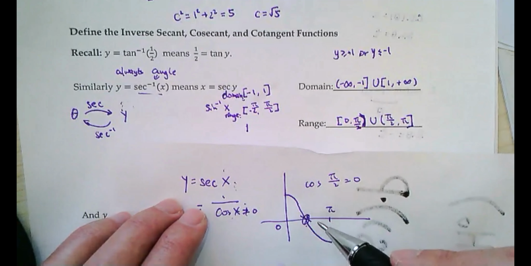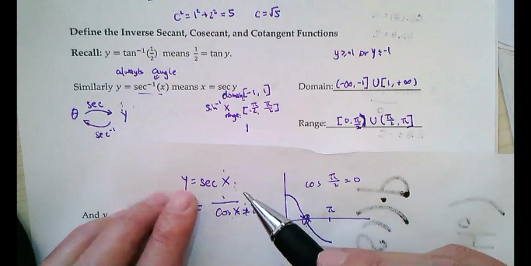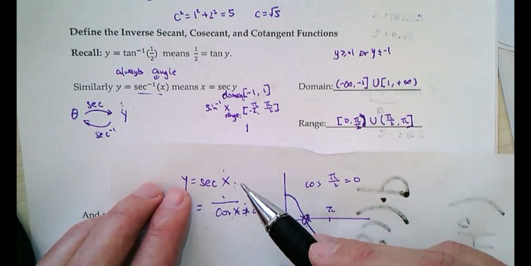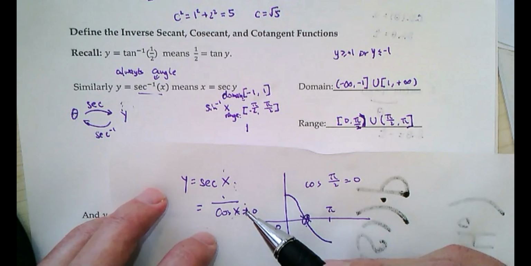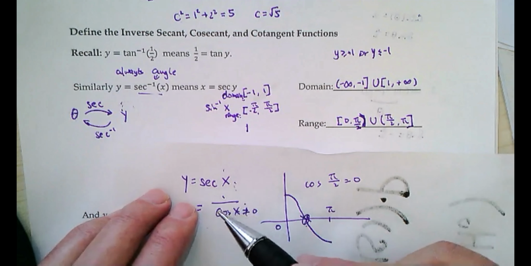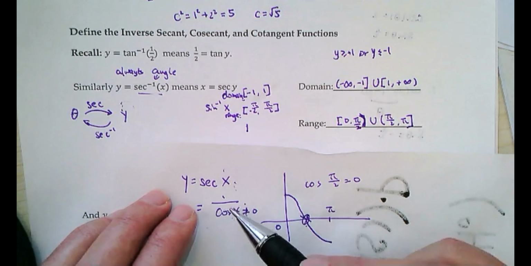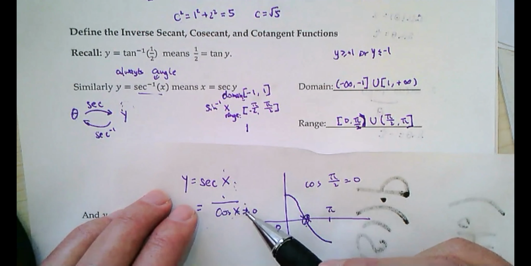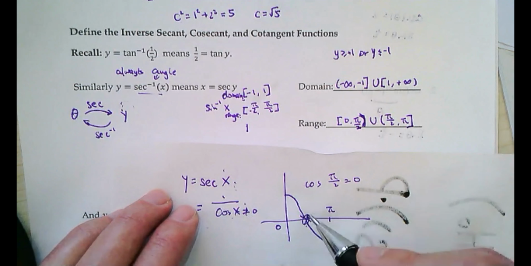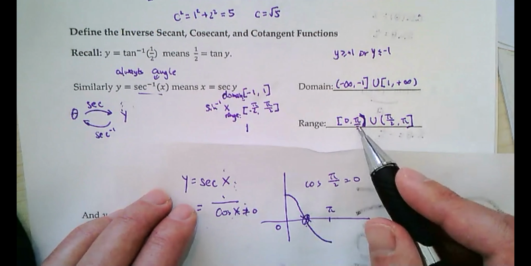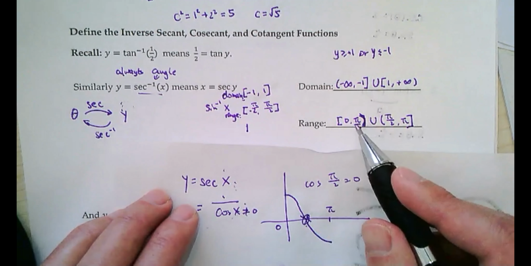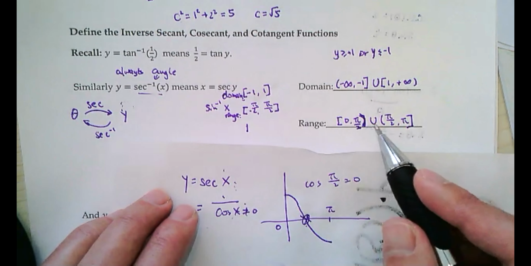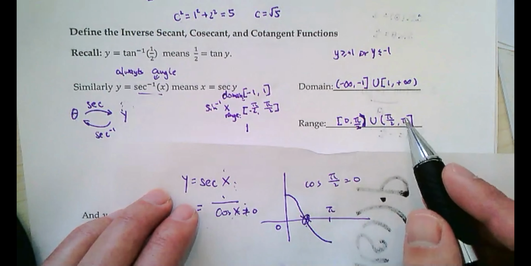However, the definition of the secant function is 1 over cosine. So there is one additional requirement. The bottom part of the fraction cannot be 0. So this point is a bad point. You have to remove this point. That's why you are using 0 to pi over 2, parentheses to exclude this pi over 2, union pi over 2 to pi, bracket.